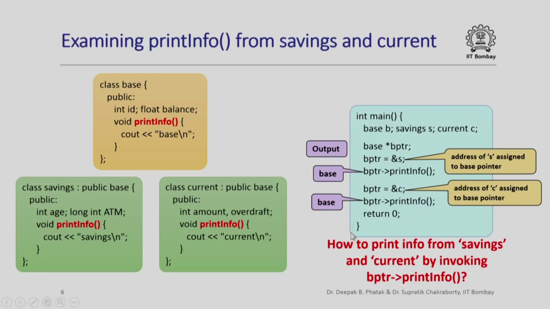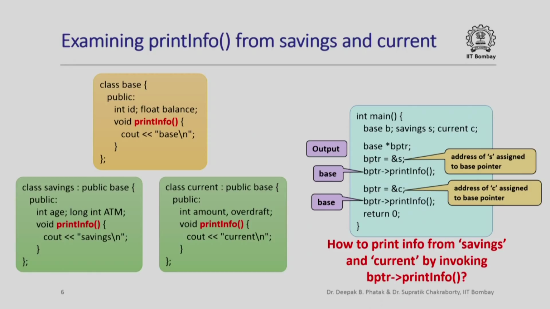In this straight line program we have shown a very simple example, but in a real program, whether the address of S or the address of C gets assigned to BPTR might depend on some condition, and we may not be able to know this a priori. So whenever we make the call of BPTR arrow printinfo, there is no way to say a priori whether I wanted to call printinfo of the savings class or of the current class.